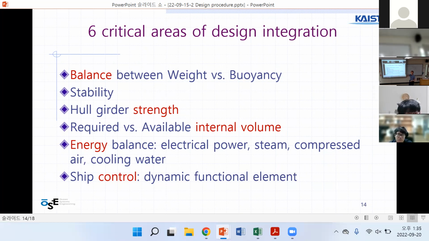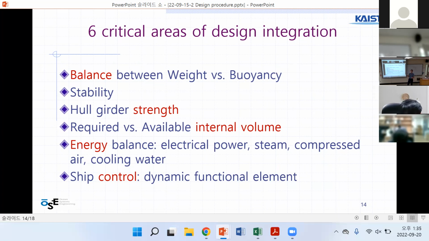So your body is very near the boundary. This is a balance between your body weight and the buoyancy coming from the water. If buoyancy is bigger, it floats, and if weight is bigger, it goes down. That is balance.